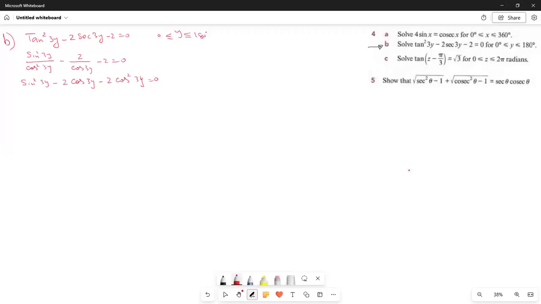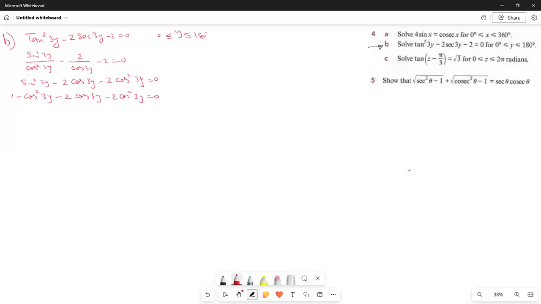Okay. Now, I have two cosine expressions and one sine. So I'm going to convert this sine into cosine again. It will become 1 minus cos square 3y. So this is equal to sine square 3y minus 2 cos 3y minus 2 cos square 3y equals 0.